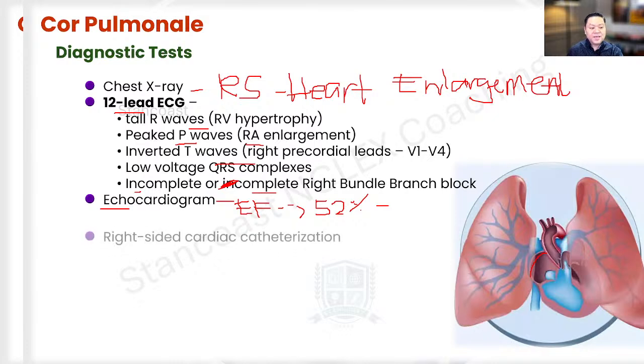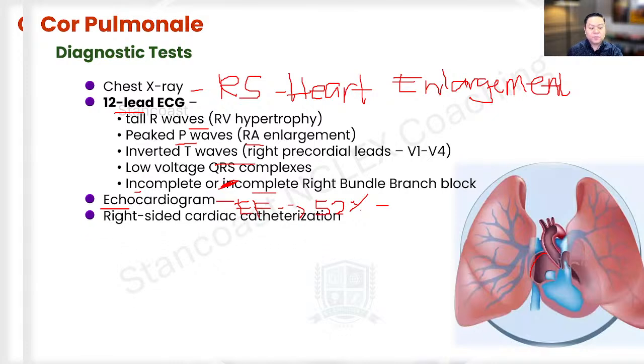Now, another thing that we're going to have to look at is, for the patient, the right-sided cardiac catheterization. This will really confirm the diagnosis of cor pulmonale, and it also will give us some idea of how bad the pulmonary hypertension is and the underlying factor as well. Now, what about the ABG, the arterial blood gases?